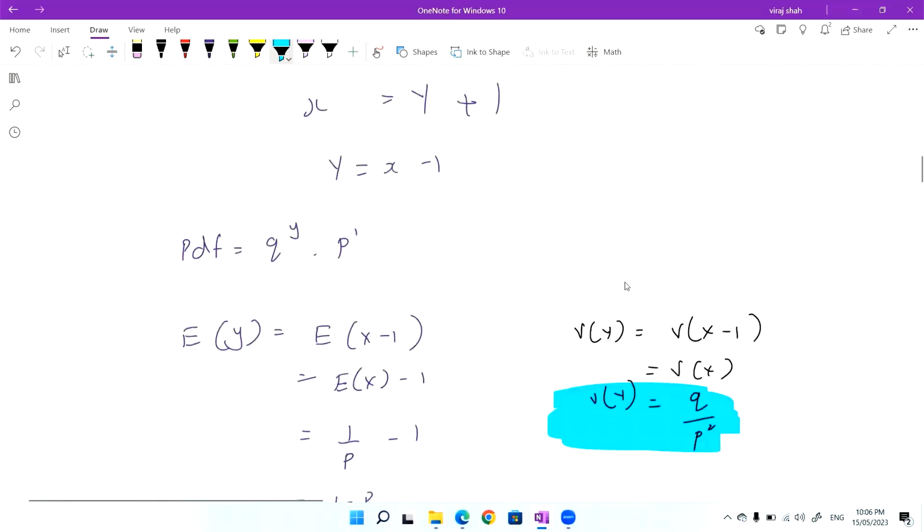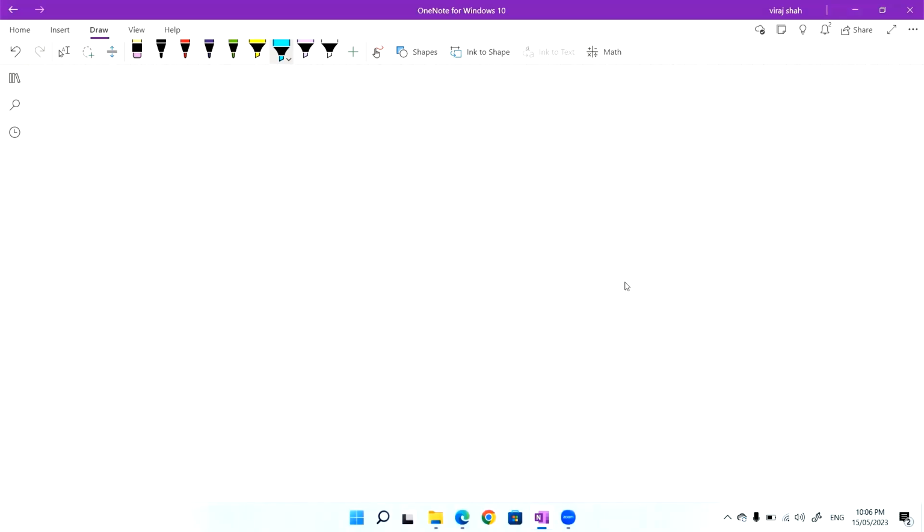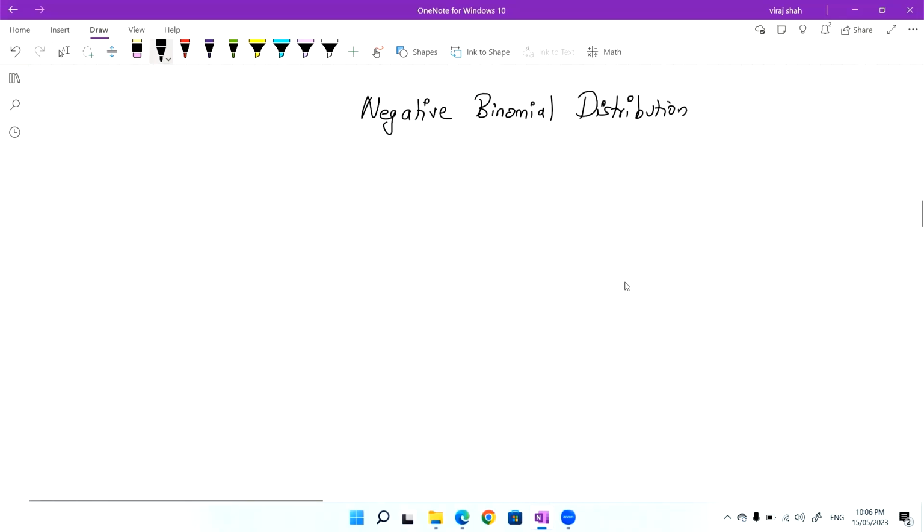So moving to the second type of distribution, it is like a second step, okay? Let me just write the name of the distribution first. It's the negative binomial distribution. So this distribution is nothing but an extension of your geometric distribution.